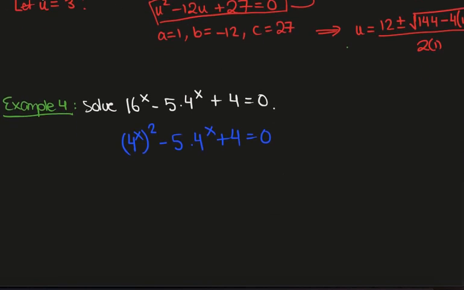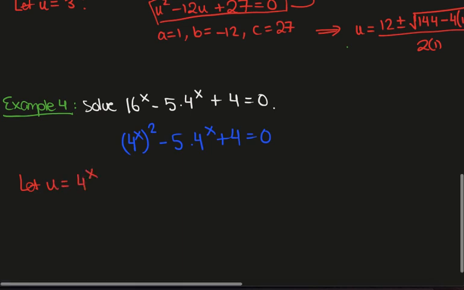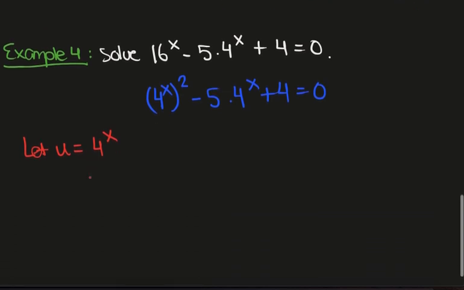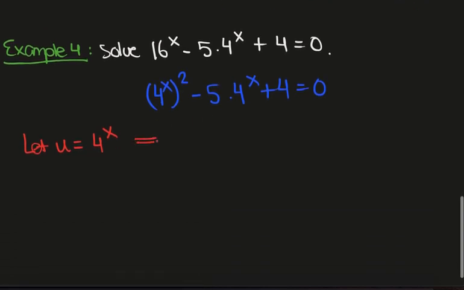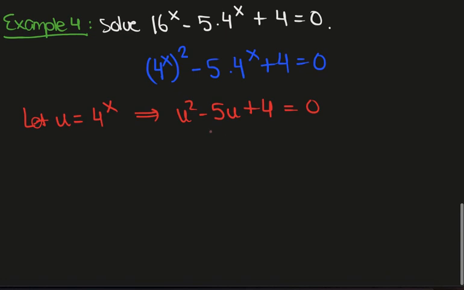So now we do exactly the same thing. We let u equal 4 to the x, and now we just convert it to a quadratic equation. So what we get is u squared minus 5u plus 4 equals 0. And let's just factorize this for convenience.